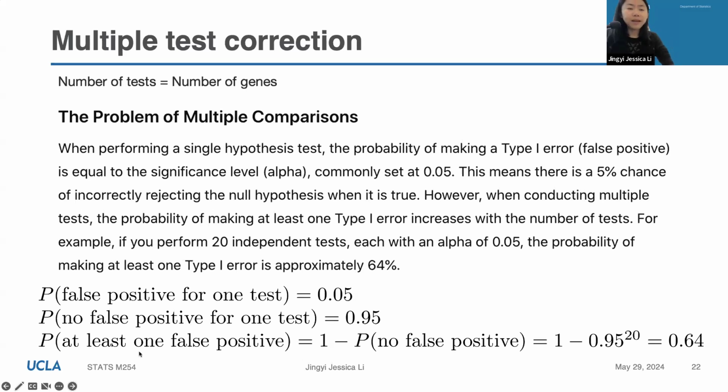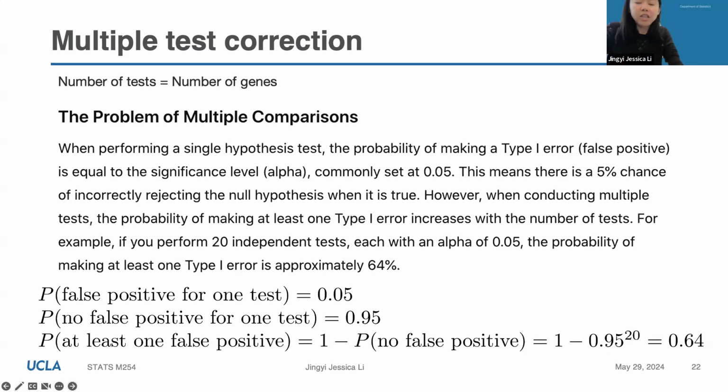The reason is this probability calculation. The probability of making at least one false positive is 1 minus the probability of making no false positive in the 20 tests. As the 20 tests are independent, it's 1 minus the probability that each test has no false positive, to the power of 20. So it's like 0.95 multiplied by 0.95 and so on for 20 times.